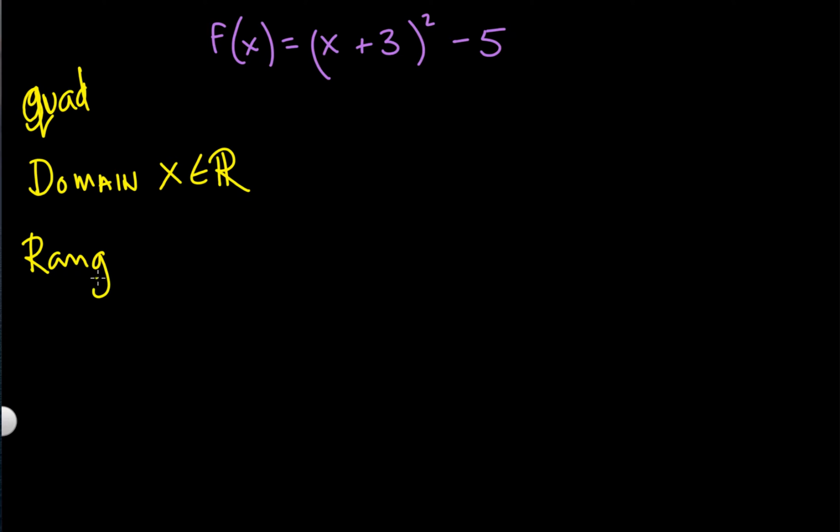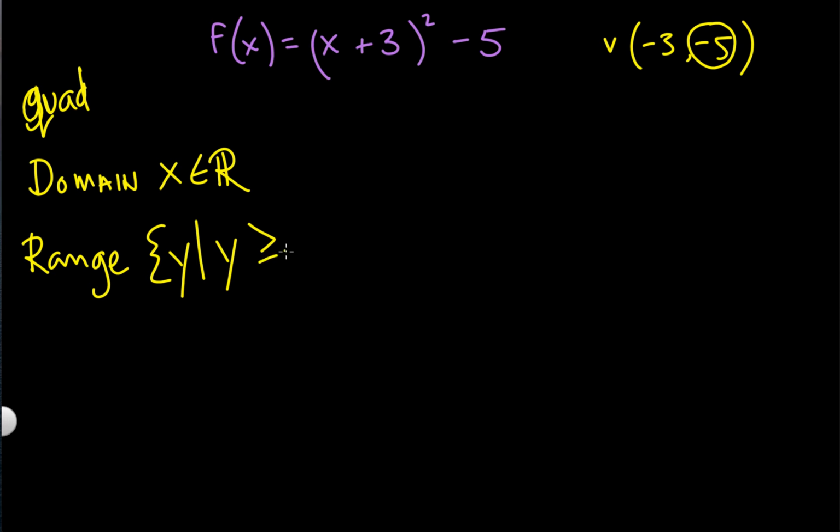Remember, for a quadratic, a parabola, it has no reflection. My vertex is at -3, -5. So that means all of my y coordinates are going to be above this -5. So y, such that y is greater than or equal to -5.